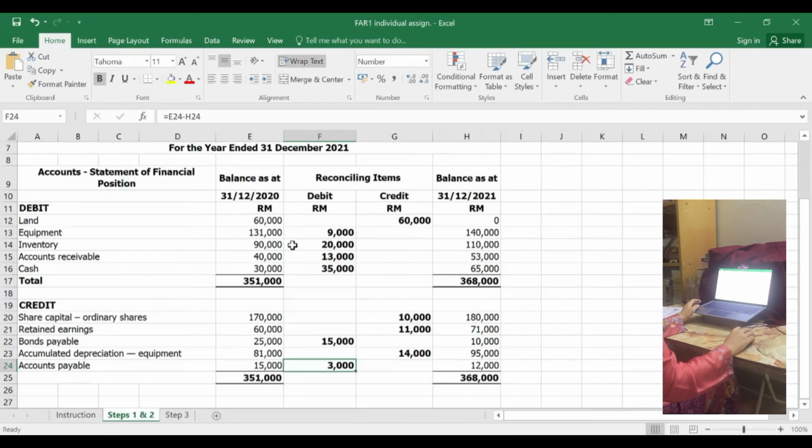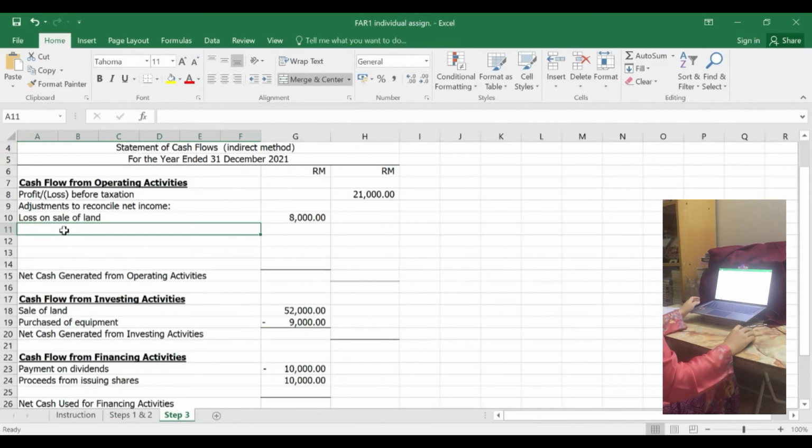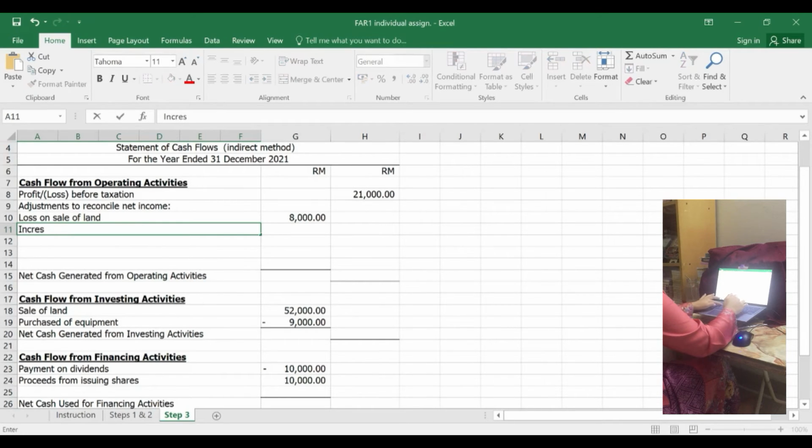Next, on the increment of inventory and account receivable that is under operating activities, we have to deduct the amount of 20,000 and 13,000.